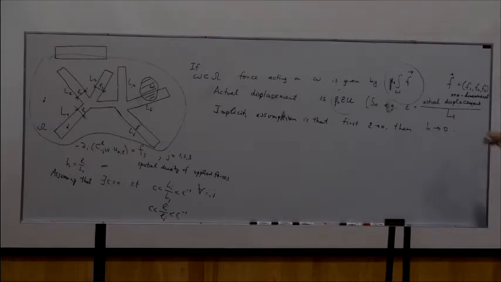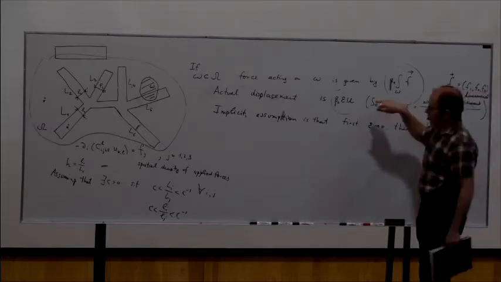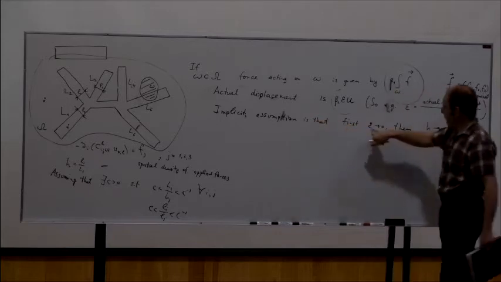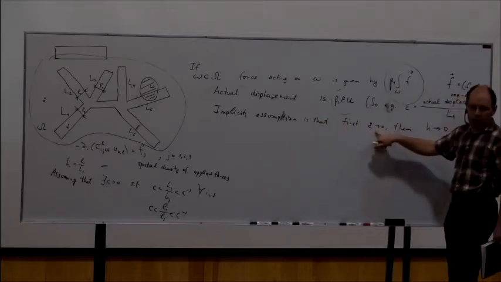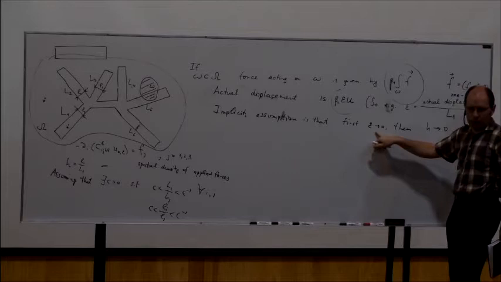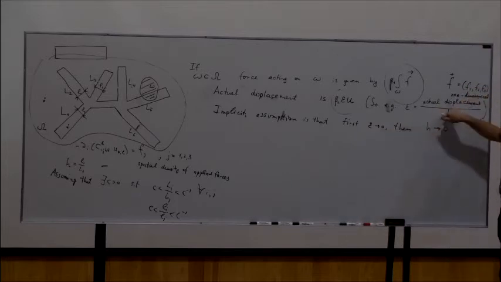The implicit assumption in this theory is that we are considering small displacement. So the actual displacement is so small that we can introduce this parameter and consider it to be small. Of course, it has to be small in relation to some macroscopic size.